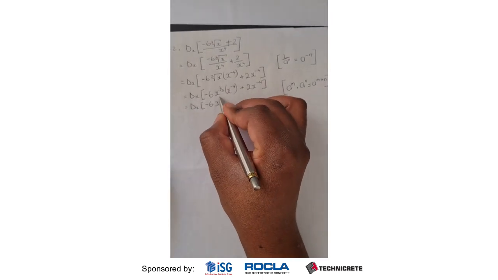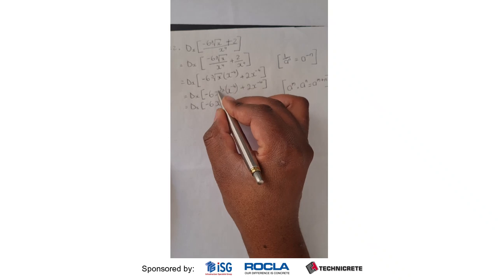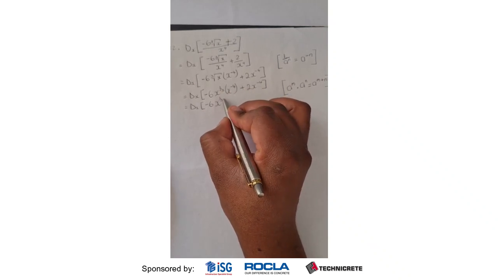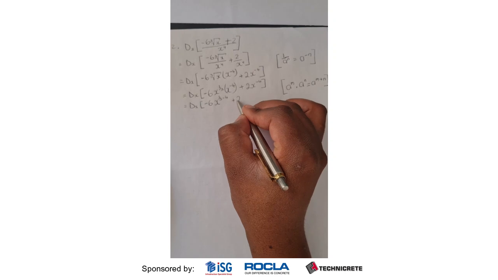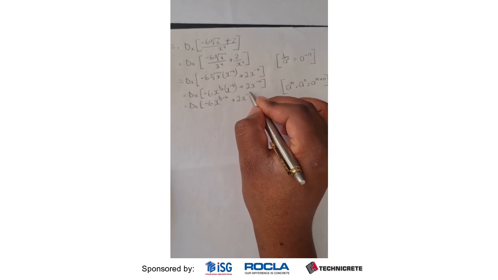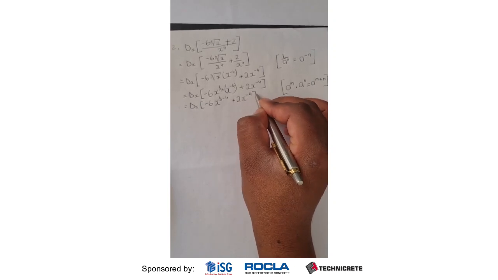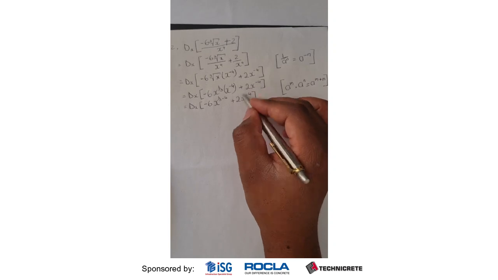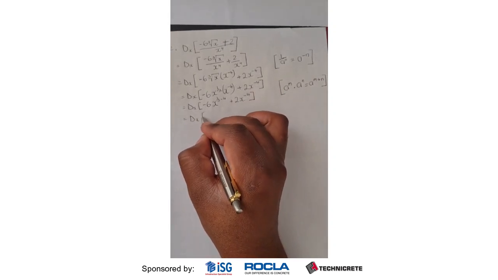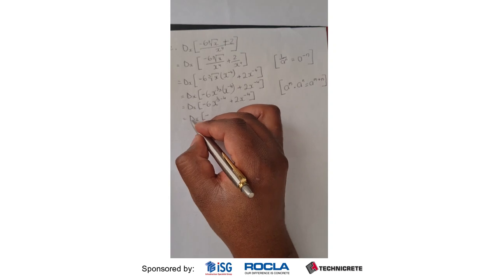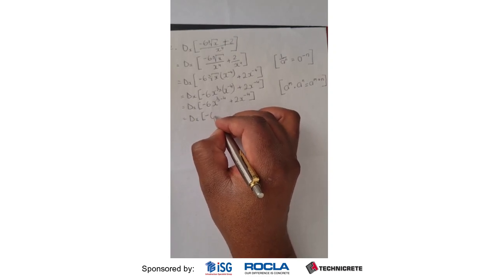So we're going to say 1 over 3, the first power, minus the 4 plus the 2x to the power of minus 4. Haven't done anything there. And then d, the differential with respect to x.